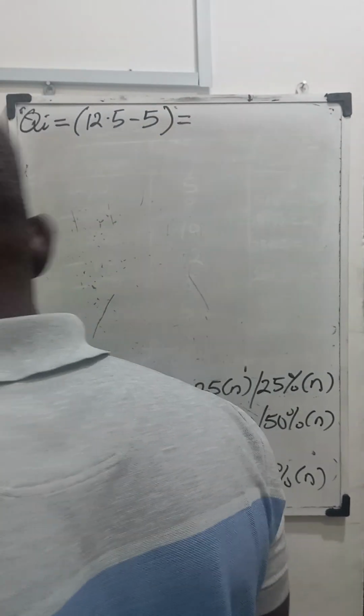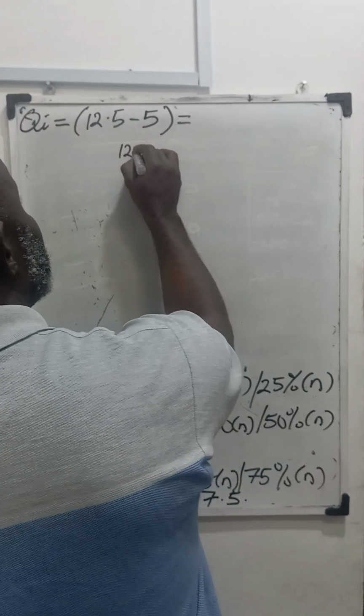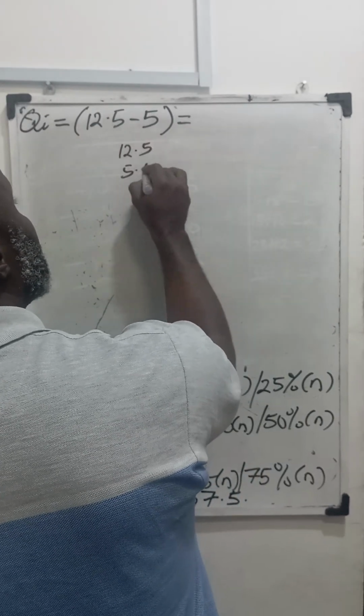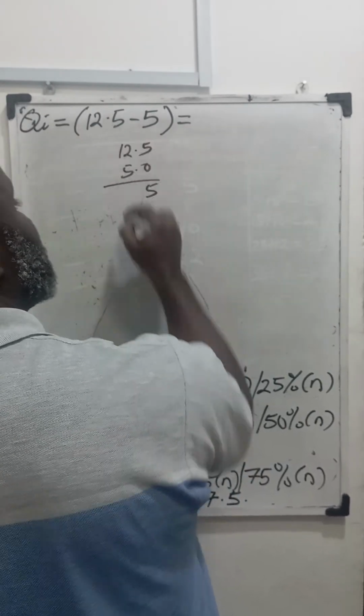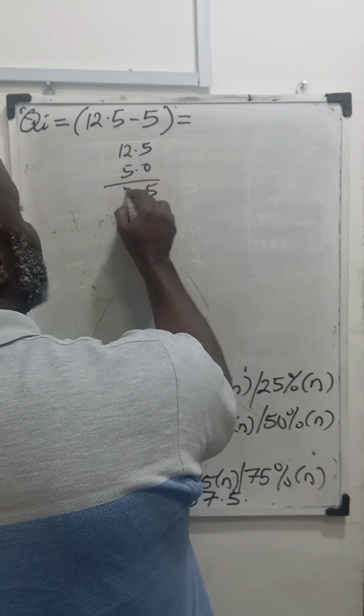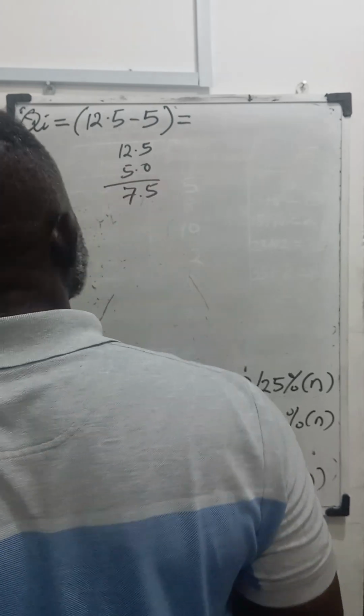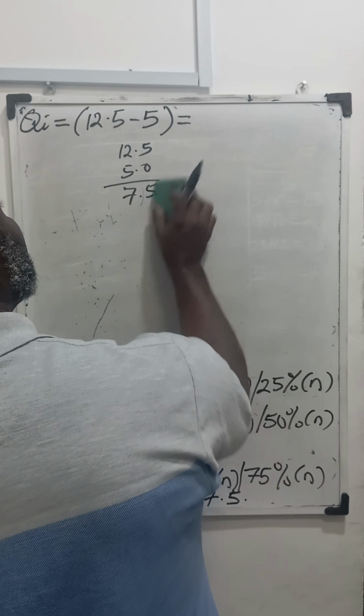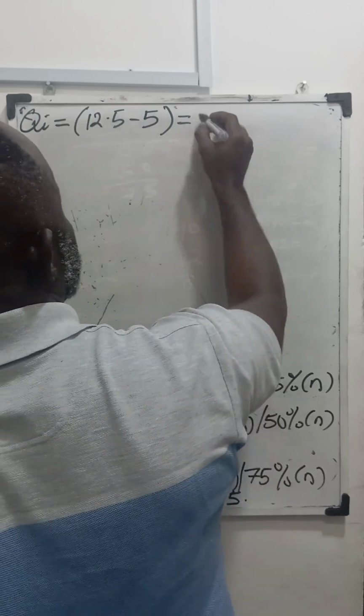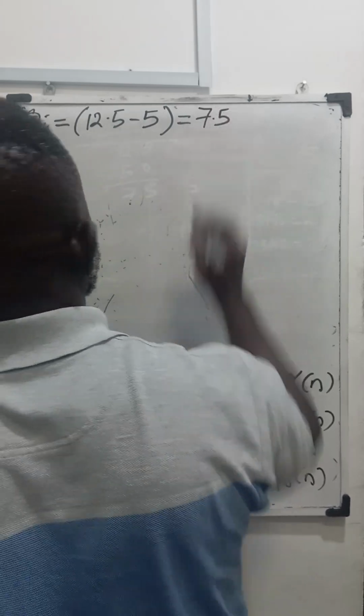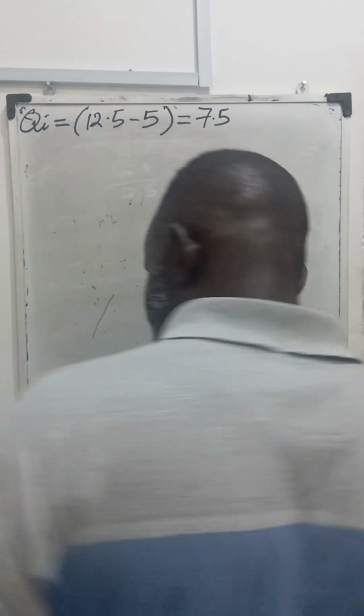So let's get that out. This is 12.5 minus 5, which gives us 7.5. So for the first one we have 7.5 for the value of the QI.